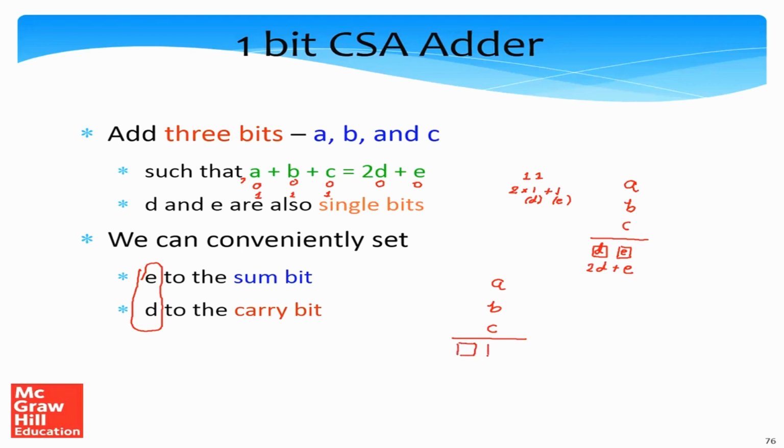Let me call the sum bit E, and the carry bit, the more significant bit, D. So the final result can also be expressed as 2D plus E, which is exactly what we want. So we basically have A plus B plus C is equal to 2D plus E.